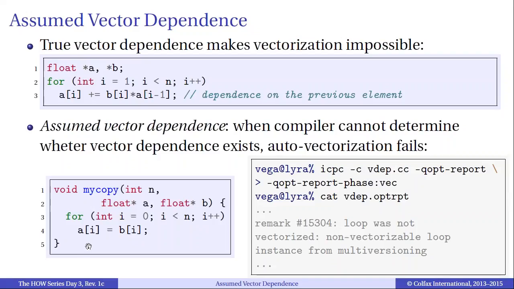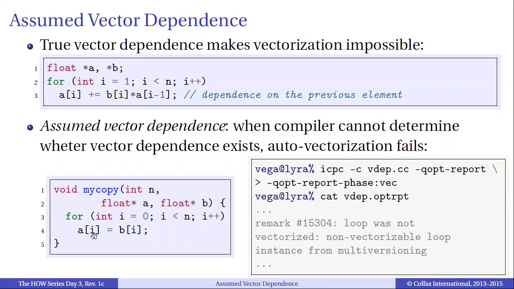So the correct way, in this case, to run this loop would be to run it element by element. I will take A0 and I will propagate it across all the other elements in A. But it would be incorrect to try to take 16 values of B and copy them into 16 values of A, because they are actually pointing to overlapping memory regions.